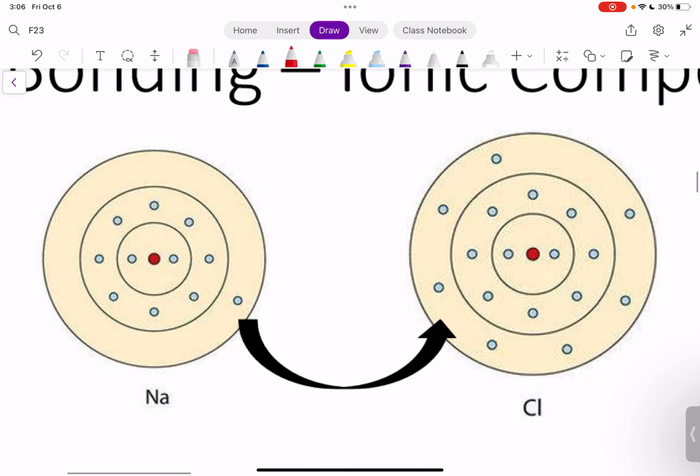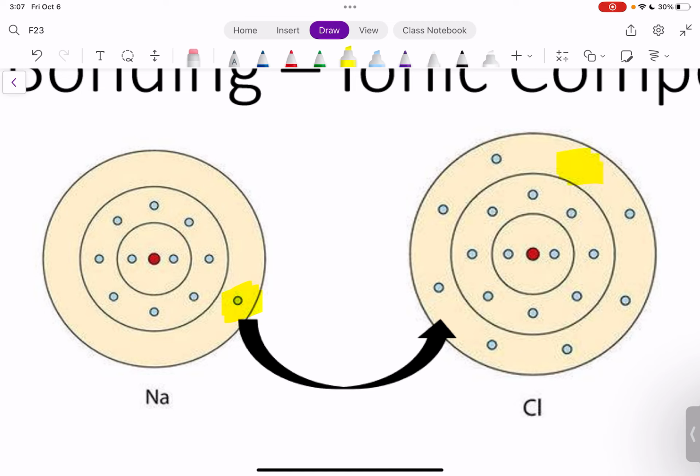When we make this sodium chloride compound, remember we said that anything in the first group of elements, which sodium is, in group 1A on the periodic table, is going to want to lose 1 electron, because it's easier to lose this 1 electron than to gain 7. So it's going to want to lose that electron. And when it does, it's actually going to give that electron to chlorine over here, because chlorine really wants an electron there.